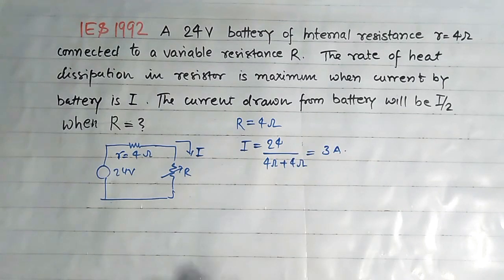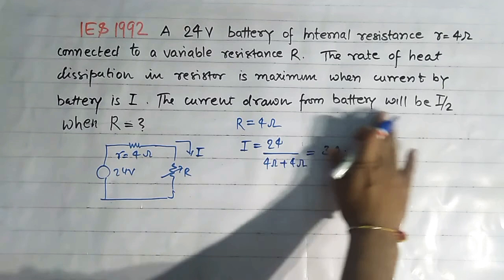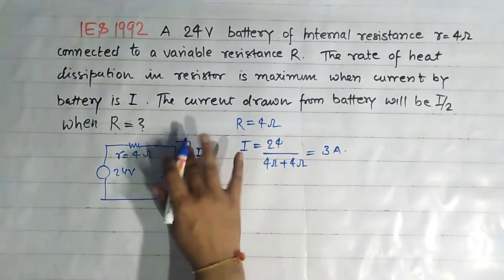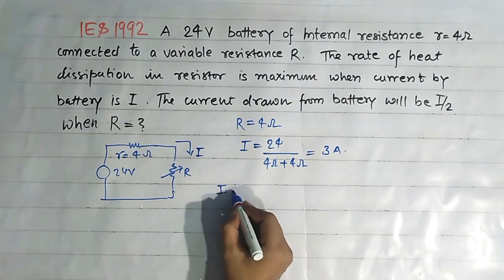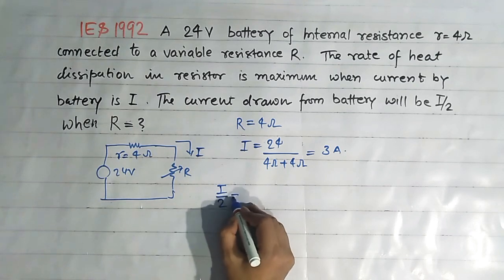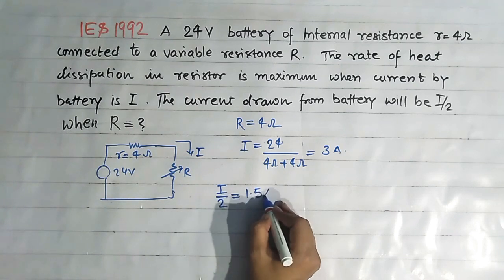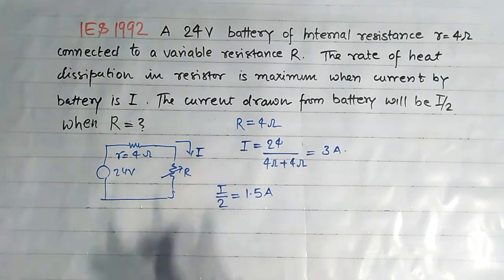Now it says that the current drawn from the battery will be I by 2. It means the current drawn is 1.5 ampere, because I is 3 ampere.